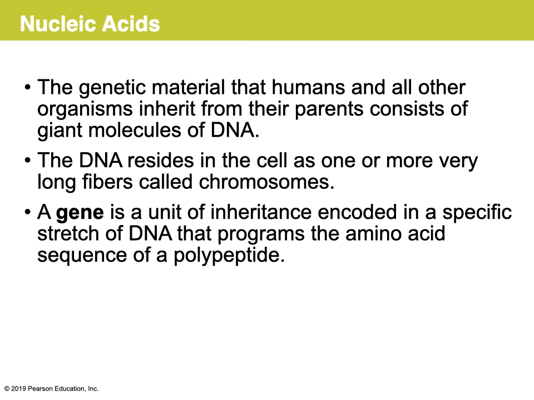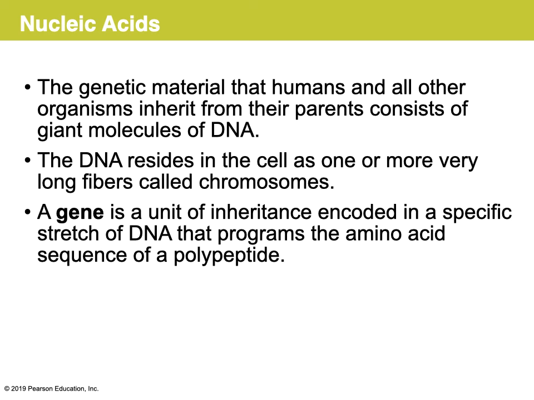So people were starting to look at things like plant cells or animal cells or whatever, and they were staining them so they could see them in more detail. And what took up the stain most easily in some of these early preparations were the chromosomes, hence the name colored bodies. Anyway, a gene is a unit of inheritance encoded in a specific stretch of DNA that programs the amino acid sequence of a polypeptide.